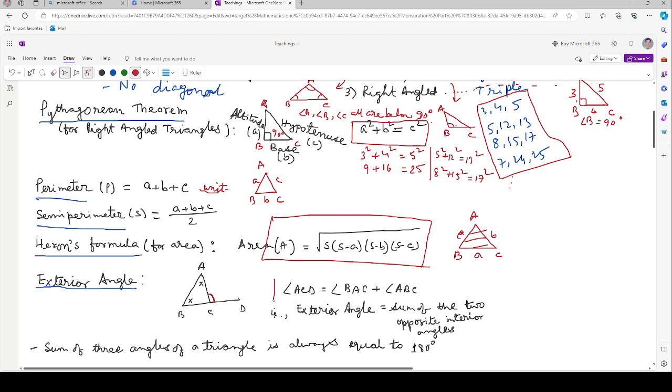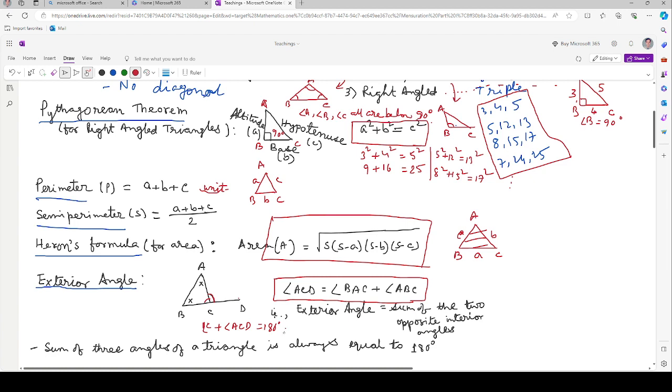This relation can be proved very easily like that. This angle plus this angle makes a straight angle, that is angle C plus angle ACD equals 180 degrees.